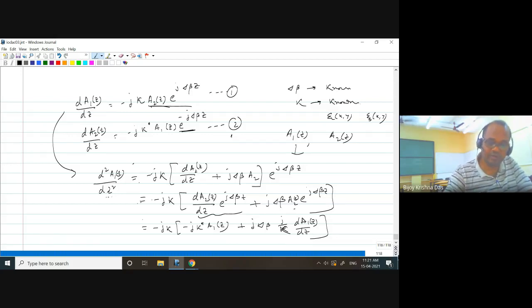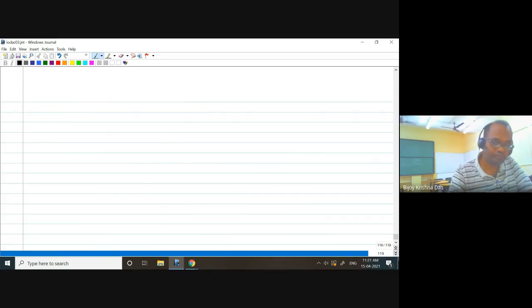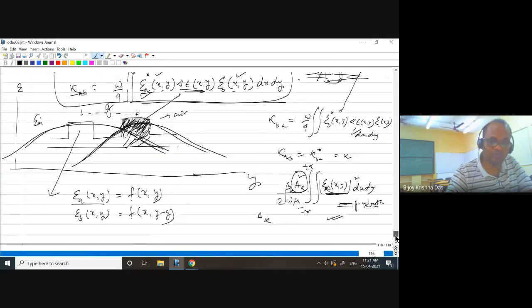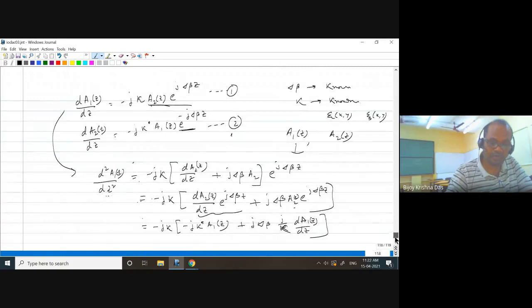So if you simplify a bit more, we have d2A1(z)/dz2 equal to the right hand side.